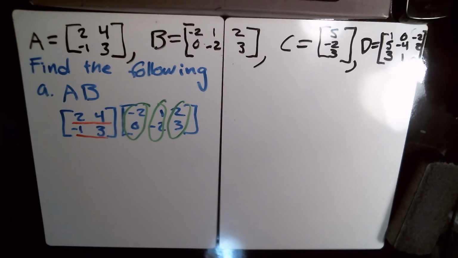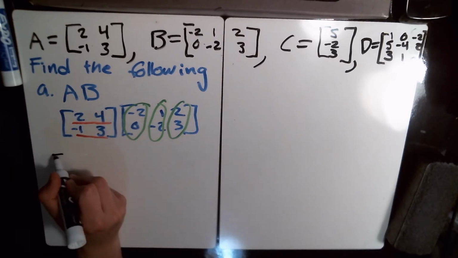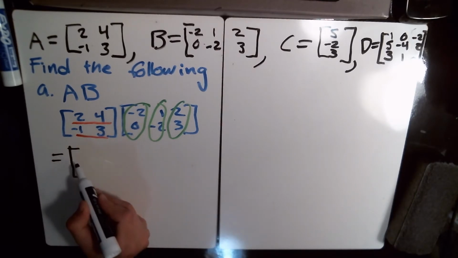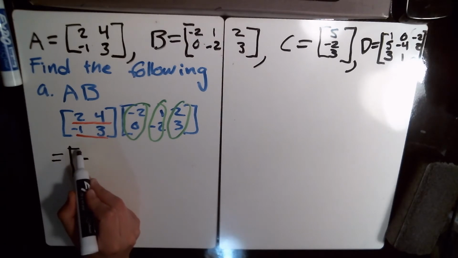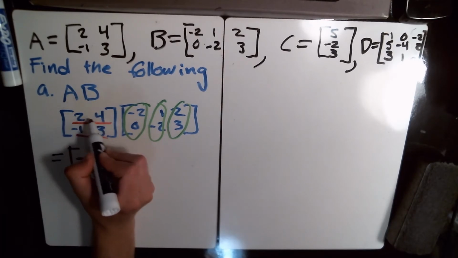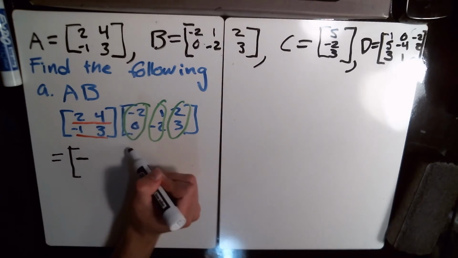Let's specify this out. To get the first entry, in the first row and first column of the product matrix, we take the first row of this matrix times the first column of this matrix.